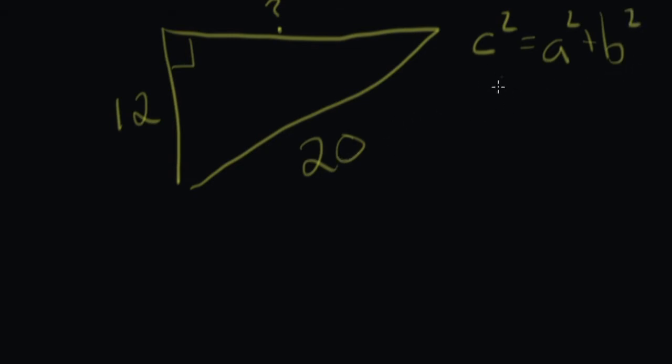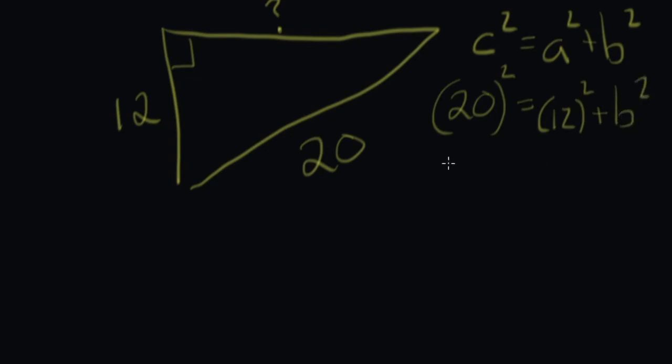And let's go and replace things. So this would become, and I'll use brackets just to be very obvious, 20 squared. Does it matter if you call this A or B? It doesn't. These two sides right here are interchangeable. So just for fun, I'll call the 12 the A. And then we're trying to find out what B is.